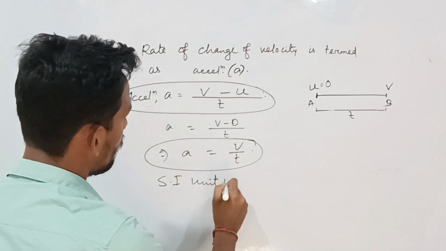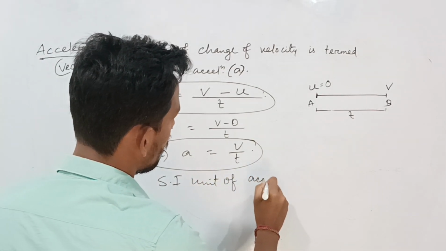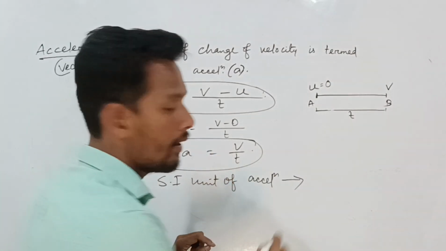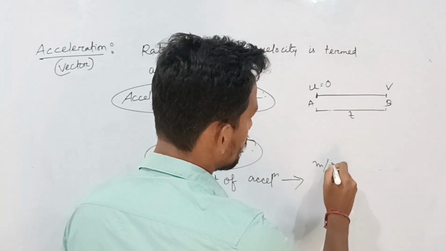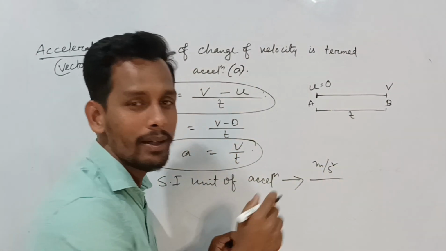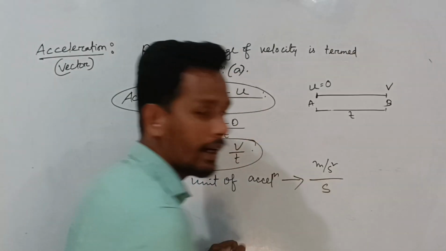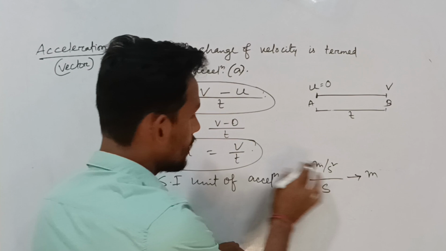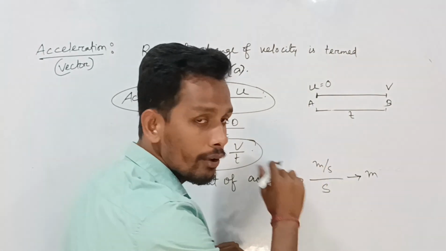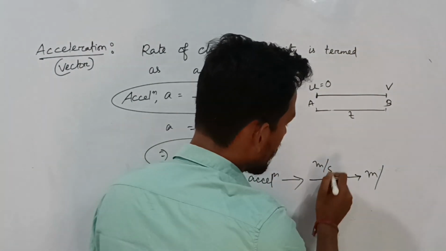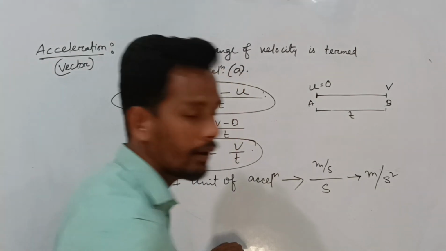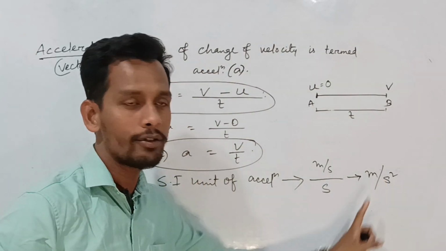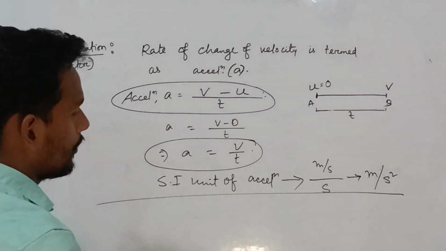The unit of velocity is meter per second, not second square. The unit of time will be second. So your unit will be meter per second square. So the SI unit of acceleration is meter per second square. This is the SI unit.